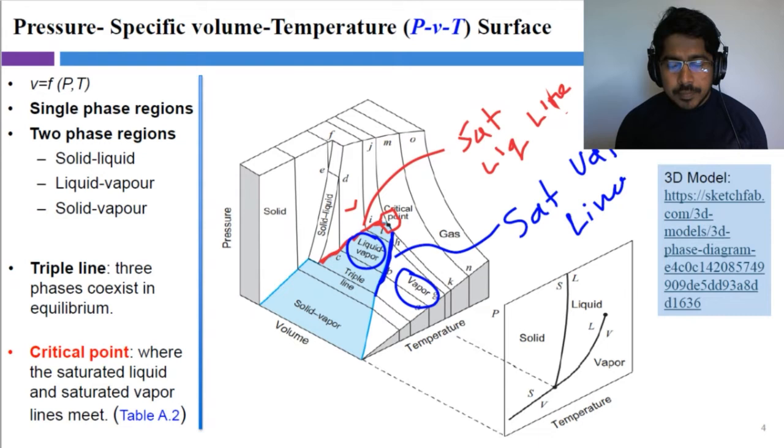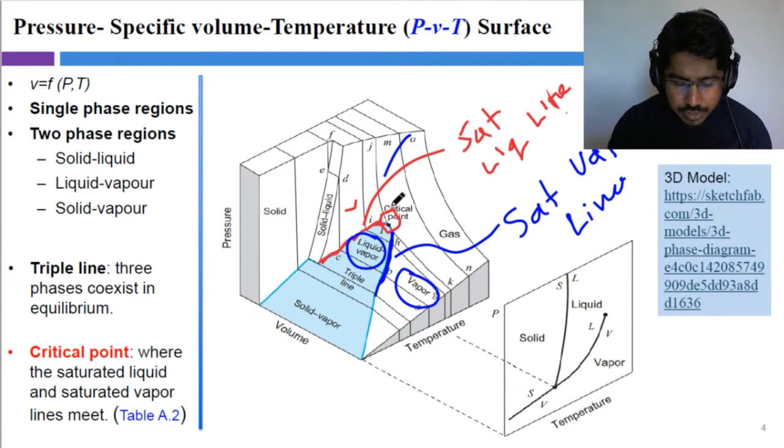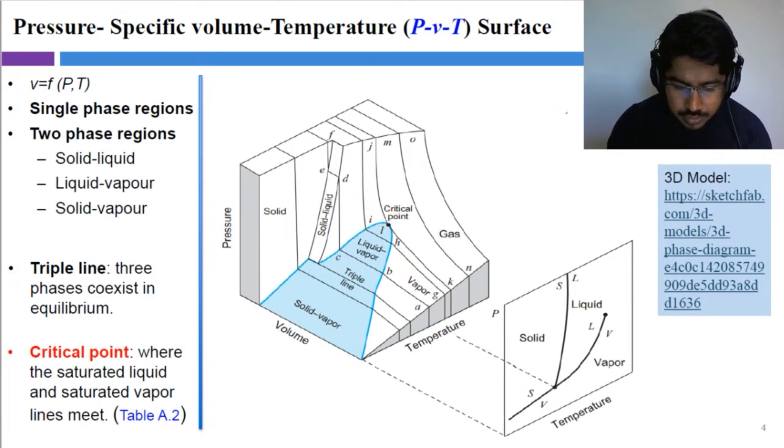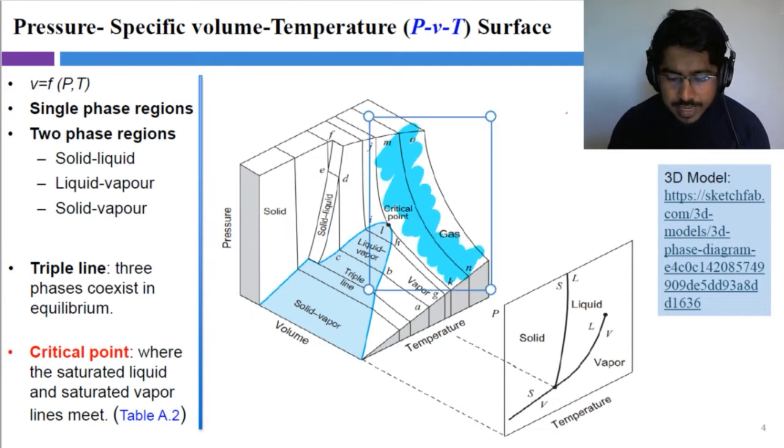And when we look beyond that, you can see that above the critical point, this region is gas.